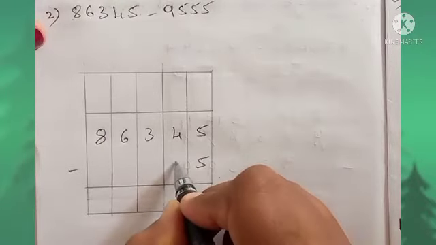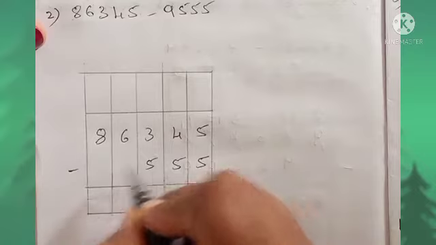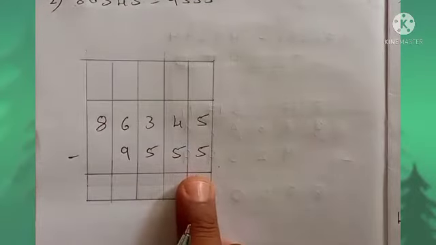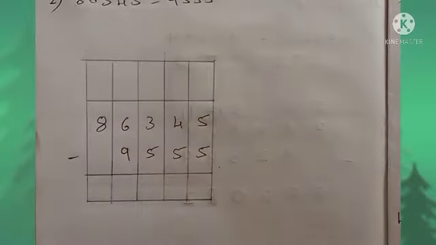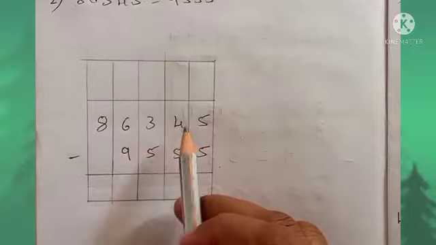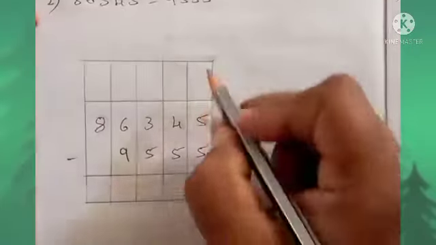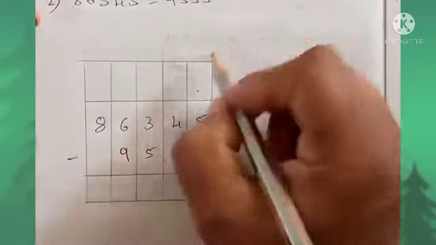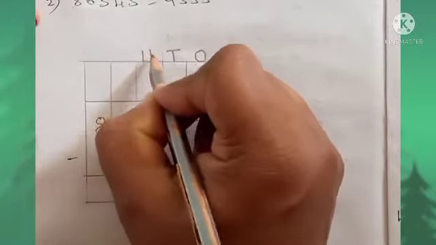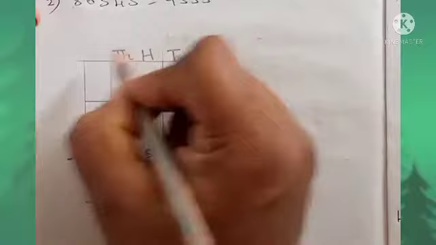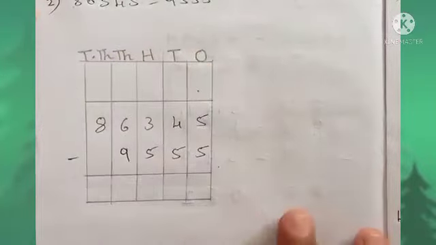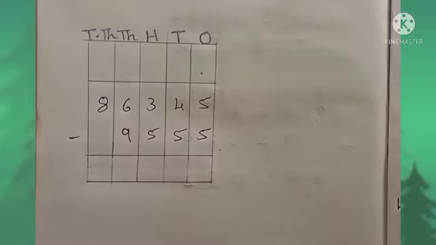So 5, 5, 5, 9. We need to subtract 9,555. That is called the subtrahend. This is called the minuend. Okay. So now let's write ones place, tens place, hundreds, thousands, ten thousands. So now I have written the place values of these numbers.